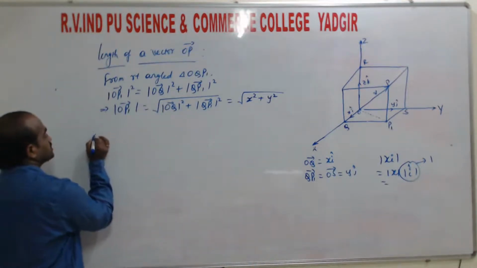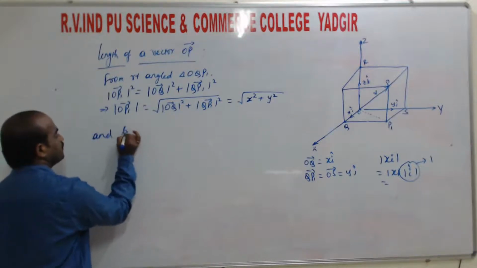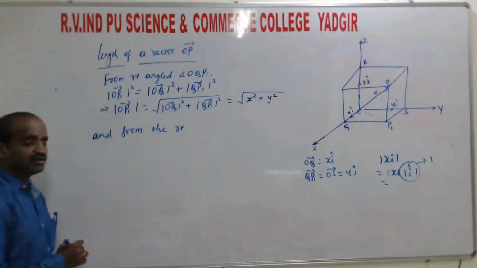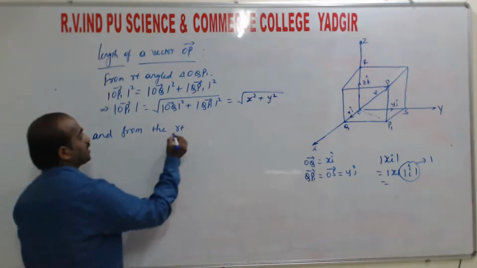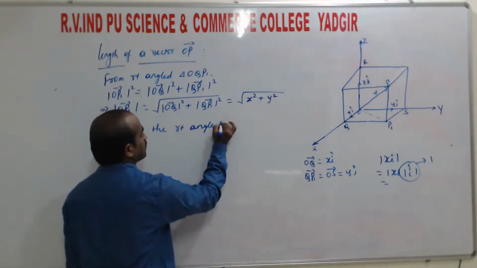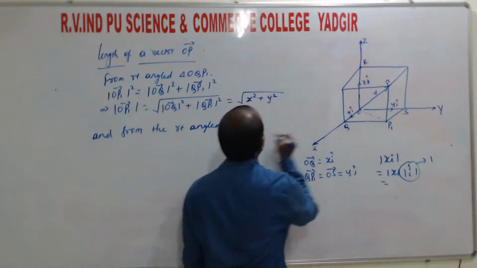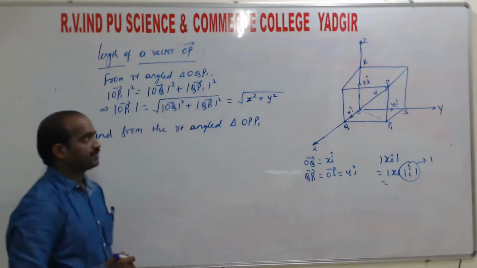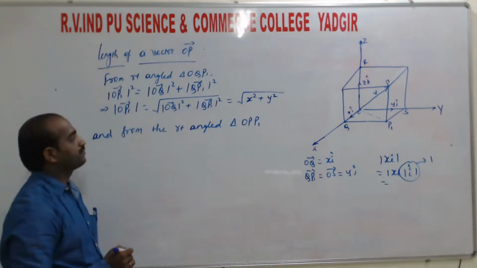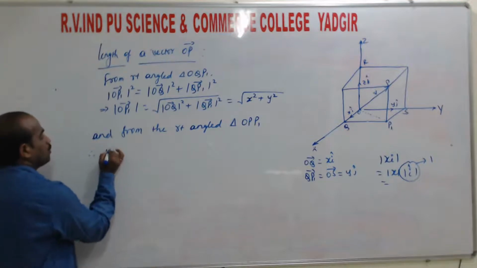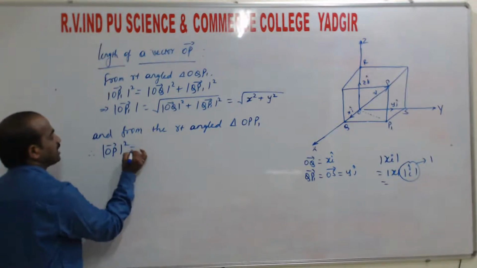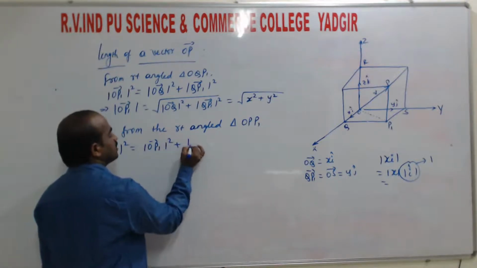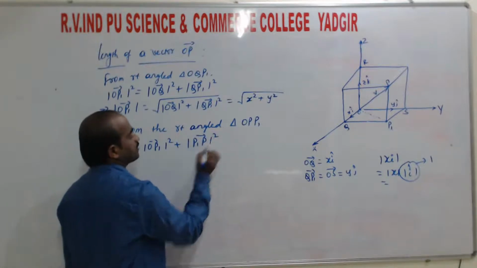And therefore next, from the right angle triangle OP1P. Therefore, OP vector, magnitude of OP square is equal to magnitude of OP1 square plus magnitude of P1P square.